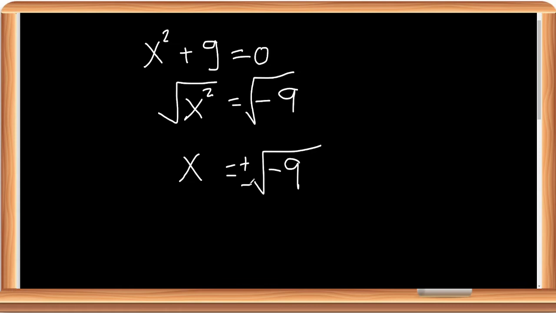Meron kang naisip? 3 po, ma'am. Wala 3? Wala po. You know why? Kasi negative eh. So that means ang isang factor niya, kung i-multiply mo siya sa sarili, yung isang factor niya must be negative and one is positive. So that means wala kang makukuha.